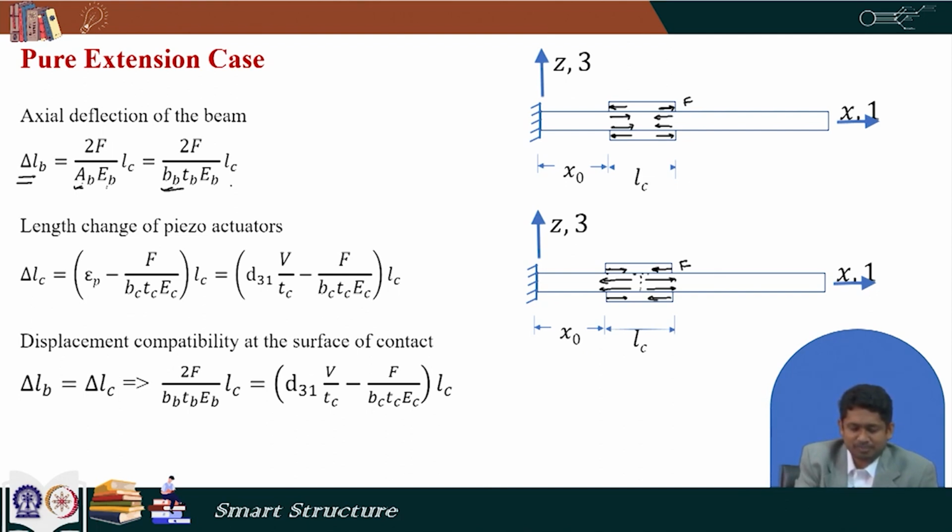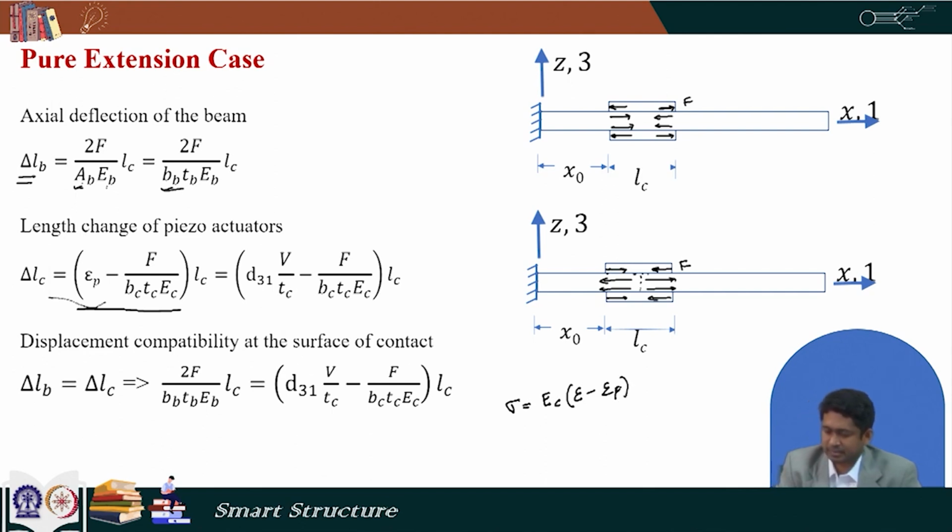Now, we need to find out the change of length of piezo actuators. So, for the piezoelectric actuators, the change in length is this, epsilon p minus F by BC TC EC, multiplied by LC, which we can verify here. We know that the stress in the piezoelectric patch is EC multiplied by epsilon minus epsilon p. Now, epsilon is the strain.